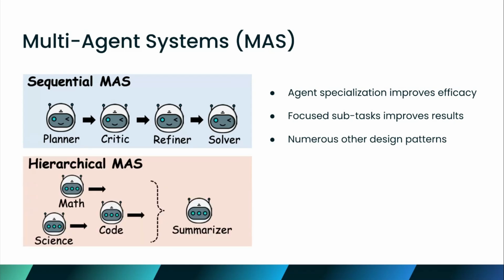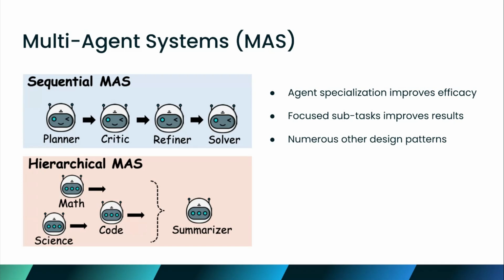In the hierarchical MAS, multiple LLM agents operate as different domain experts simultaneously. Each agent independently reasons over the question from its disciplinary perspective, and then a summarizer agent receives all outputs along with the initial question and synthesizes the final answer.